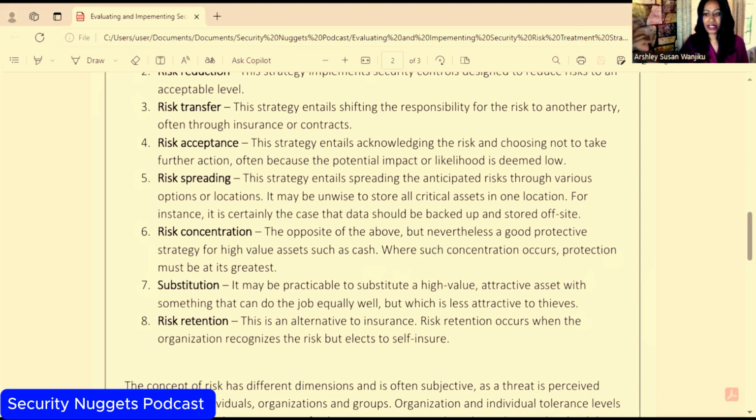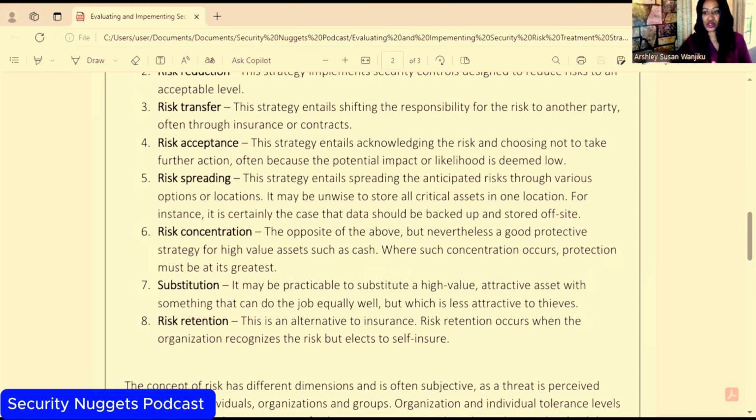I don't want to call them counterfeits, but I'm sure there's a better name for it, okay? It's the same artwork, but not the original. The originals have been properly secured and stored somewhere else, all right? That was just an example, but this is definitely a strategy that can be used for so many assets, okay?